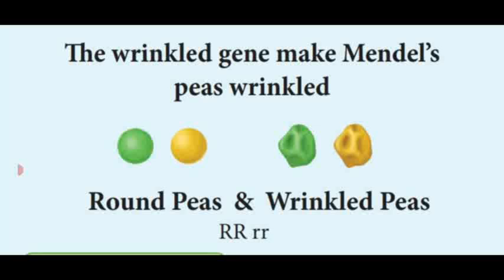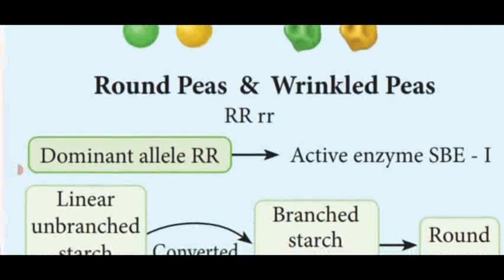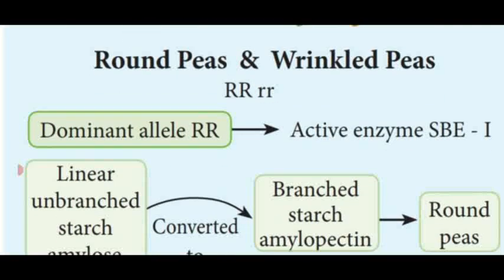Small r, small r. See the diagrammatic representation. The dominant allele capital R has the active enzyme, starch branching enzyme 1.